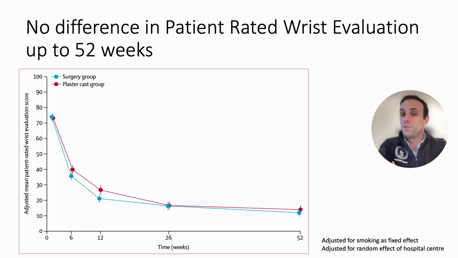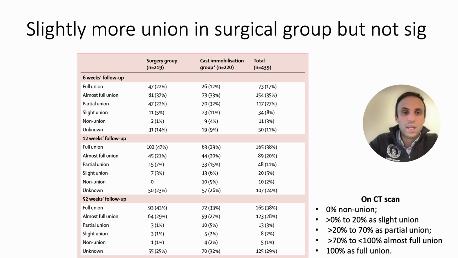So this is an important point. There was no difference in patient-rated wrist evaluation up to 52 weeks after the initial treatment, although you can see that surgery did slightly better initially. And there was slightly more union in the surgical group, but this was not significant.